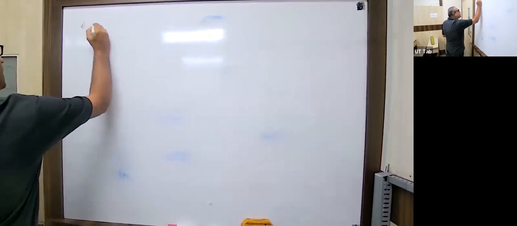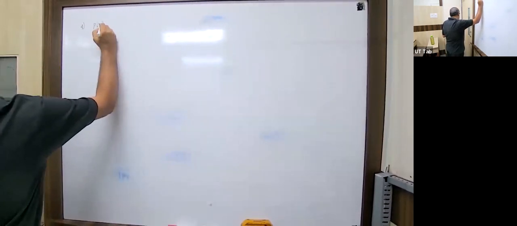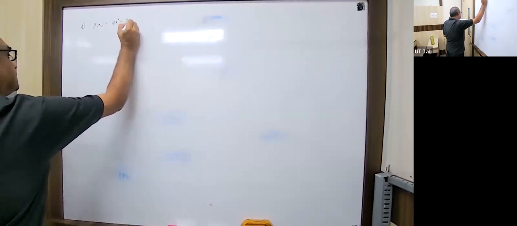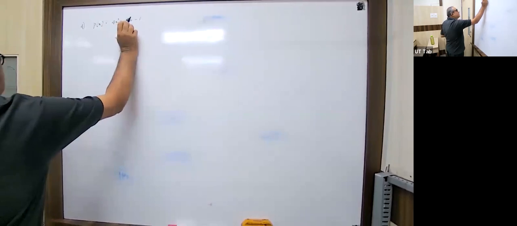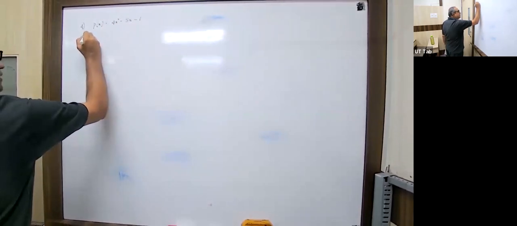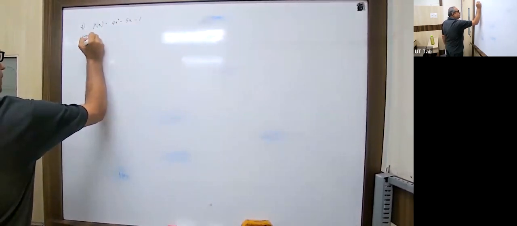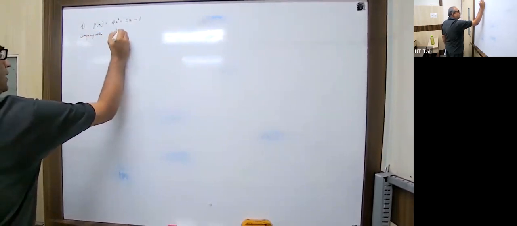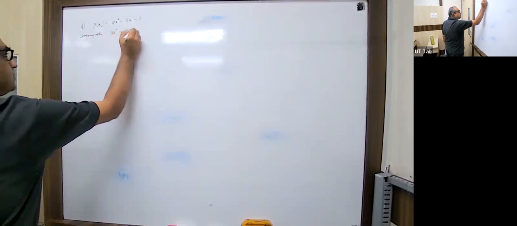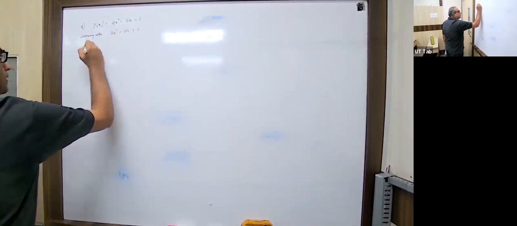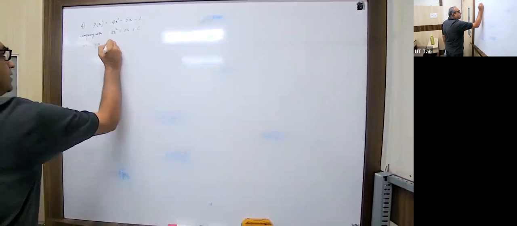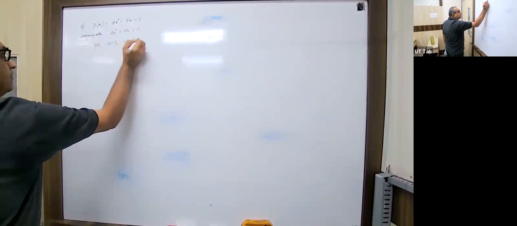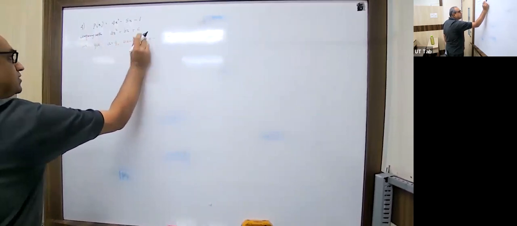Alpha and beta are the zeros of... comparing with ax squared plus bx plus c, we get a is 4, b is -5, c is -1.